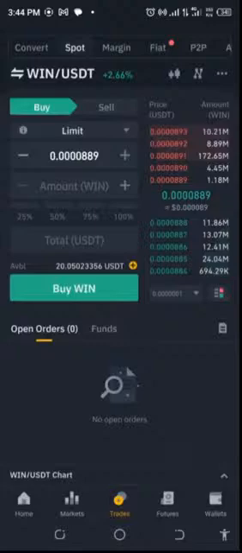I could do $200. I could do whatever amount I really want to do. But the reason why I am choosing the smaller amounts is very, very intentional. If we can make profit with this trade that is just $20, $15, $18, $14, and you can still make profit with that amount, then that means if you have $1,000, $2,000, $5,000, you are going to make good profit here, right?